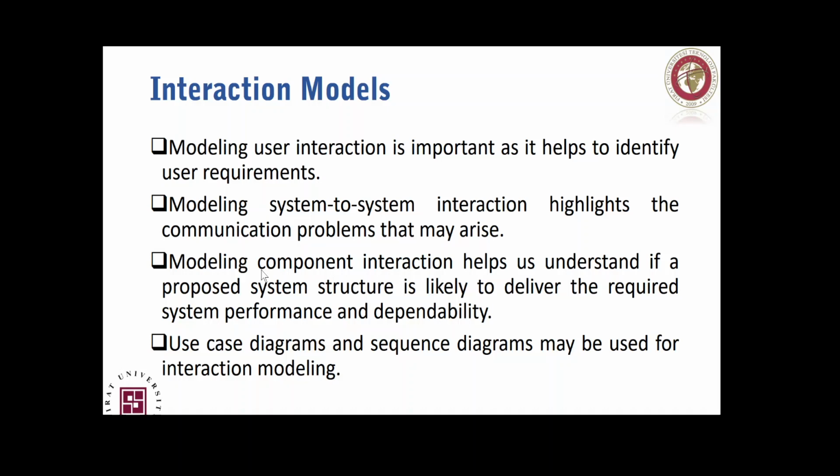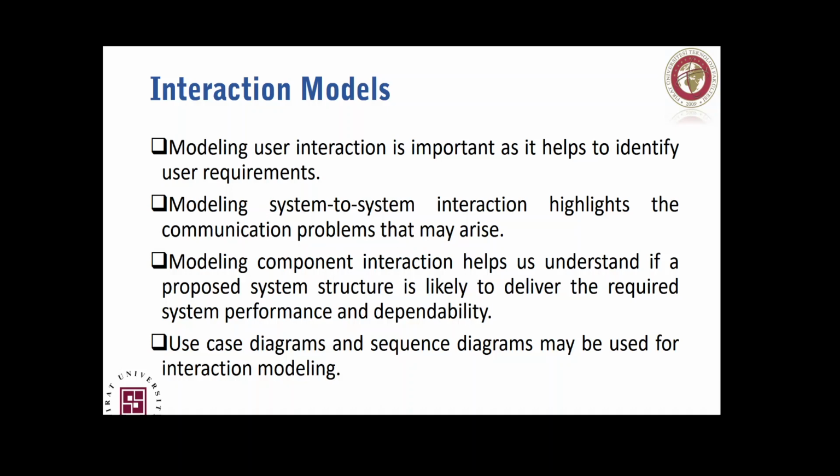So in brief, what we are looking for here is either the interaction between an external component or an external actor with a system, or the components of the system themselves, and both of them help us to check things similar to either clarifying requirements or checking for the communication problems.